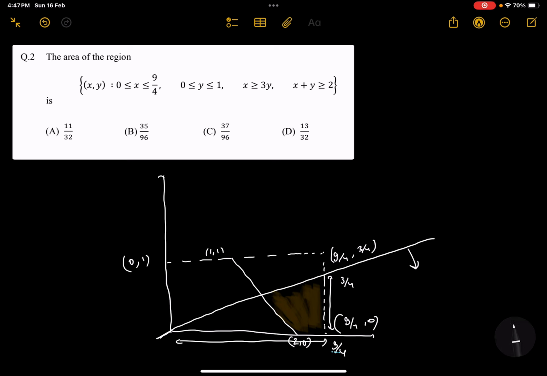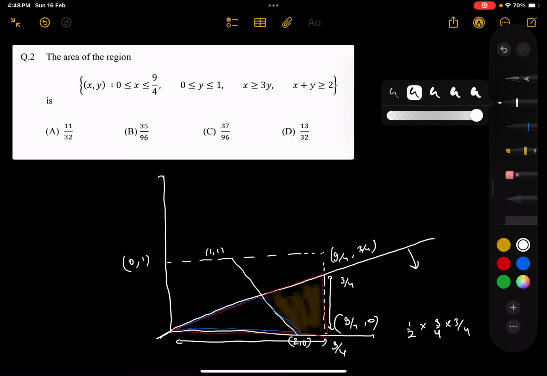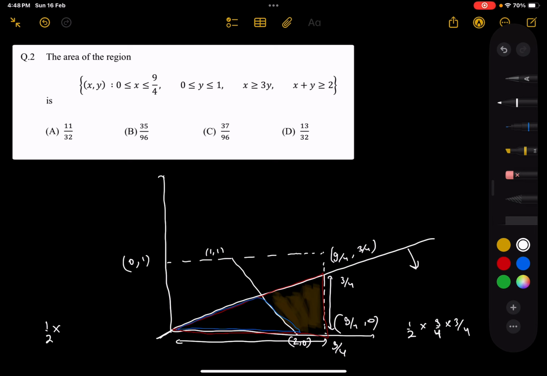So the area of this whole triangle becomes half into 9 by 4 into 3 by 4, and I will subtract the area of this triangle from this. So that area is half into the base, which is this length, which is 2, into height.